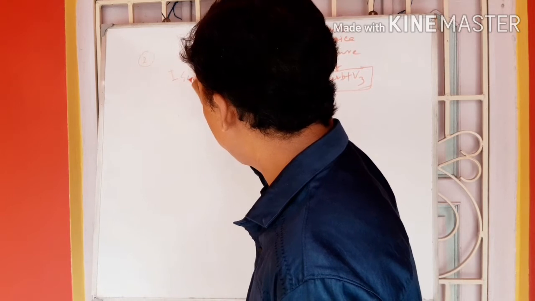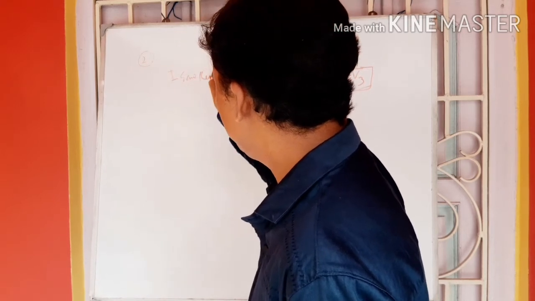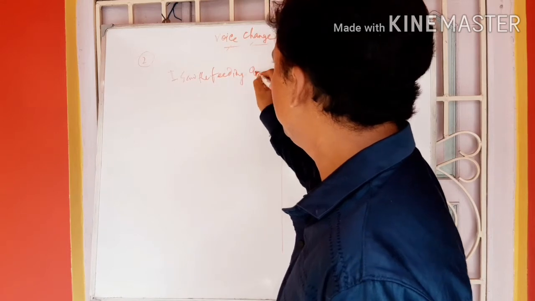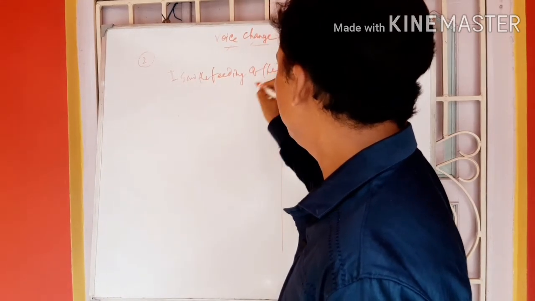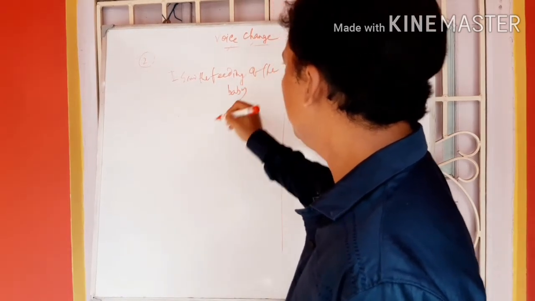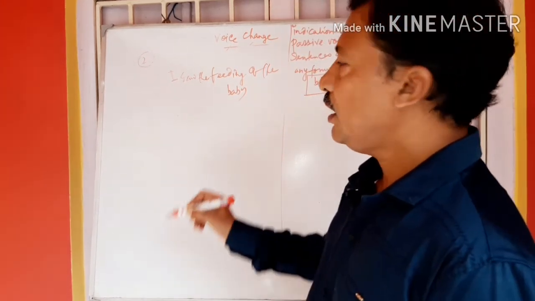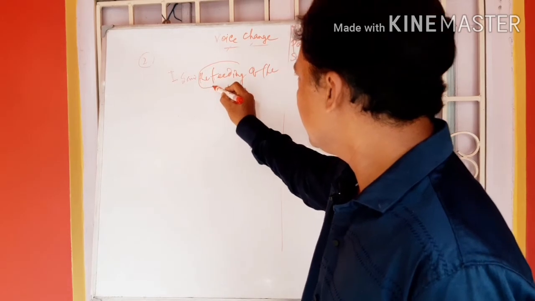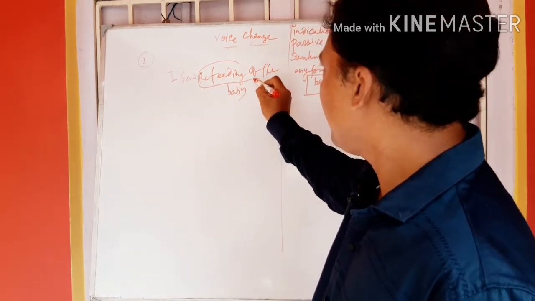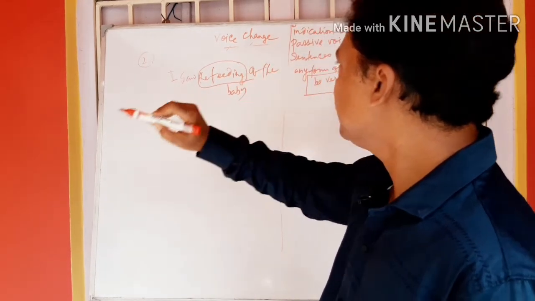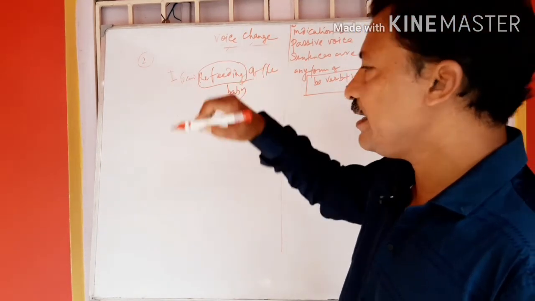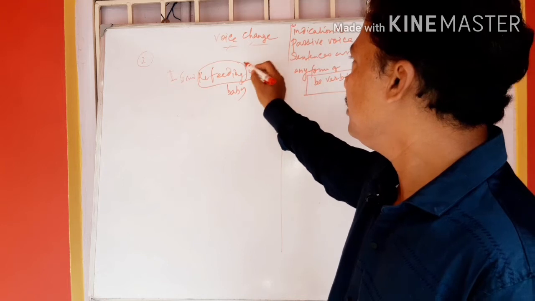Here we find that this is a verbal noun form. A participle may be called, or a gerund, the feeding of the baby.